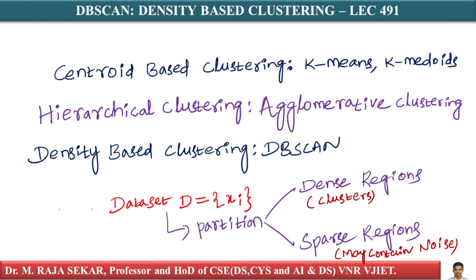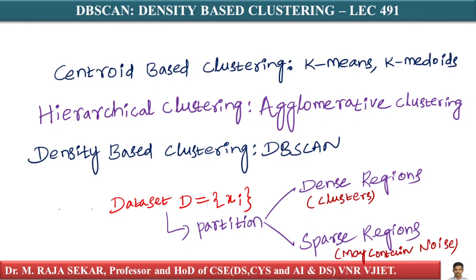Dense regions are clusters, and sparse regions may contain noise. Typically dense regions become your clusters, and dense regions are separated by sparse regions.